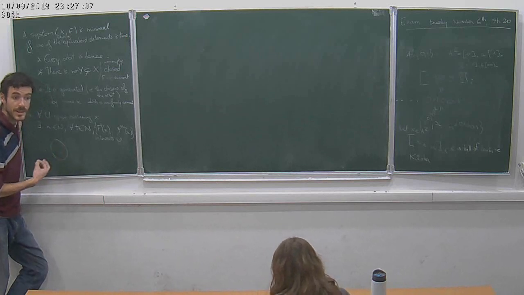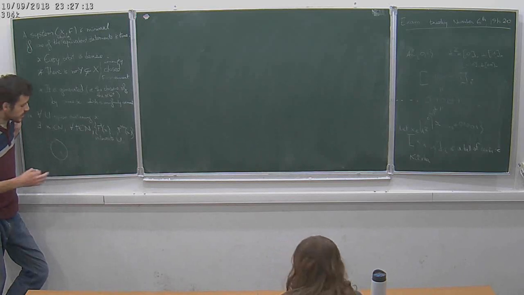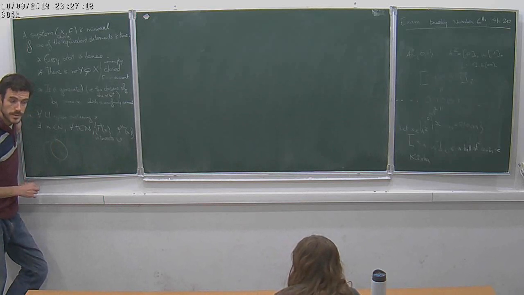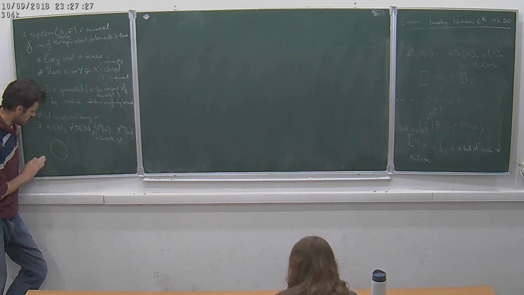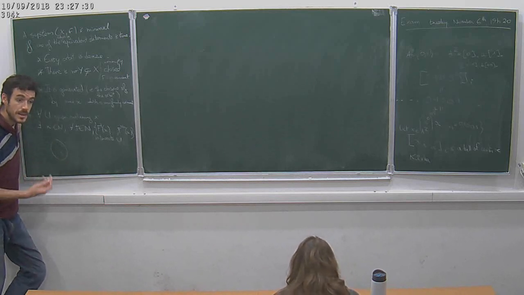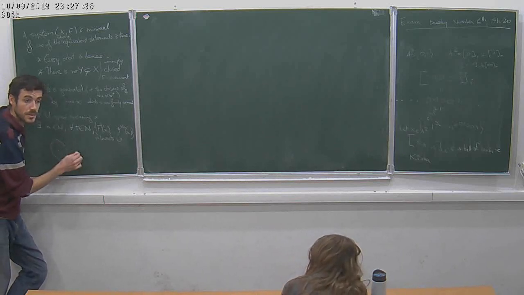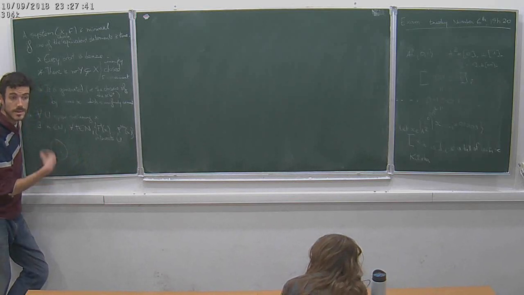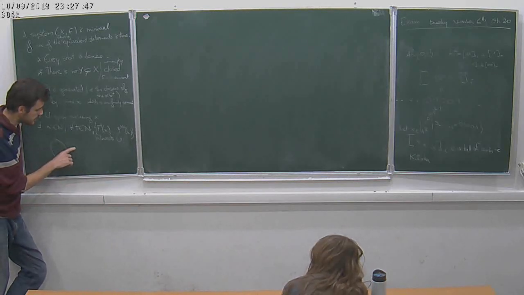Otherwise, I could remove it and I get a smaller closed set which is invariant. If I have one orbit which never goes in U, I take its closure, it doesn't go in U, and it's a strict subsystem. So every orbit should go in U, but actually it should go infinitely often, because if it goes only a finite number of times, I take the point after the last time, and again I have a strict subsystem. But even more than this, it should be uniform.